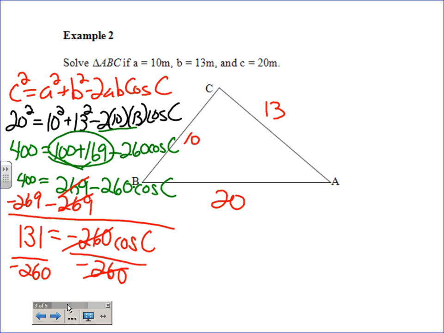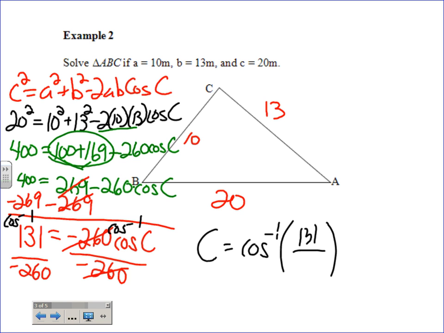So cosine equals that, so we have to get cosine off that angle, which means arc cosine. So in other words, C is equal to arc cosine of 131 over negative 260. And seeing cosine's negative in the second quadrant, I'm anticipating an obtuse angle on this one, because this is going to be in the second quadrant guaranteed.